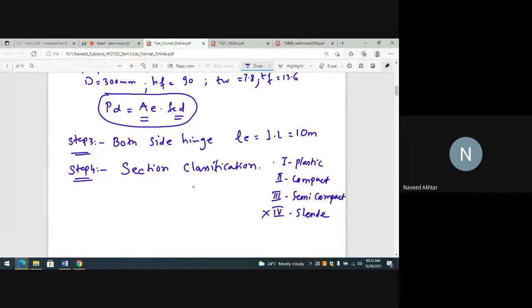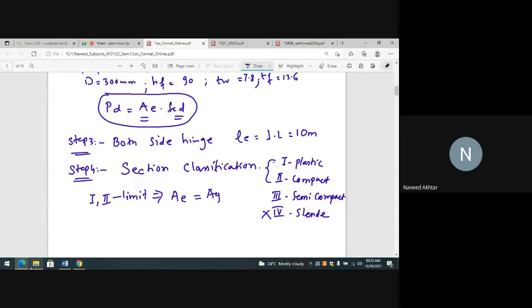Generally we are not going for design of slender section. If the section is in plastic or compact limit, class 1 or class 2 limit, then it is said that your effective area is equal to the gross area.